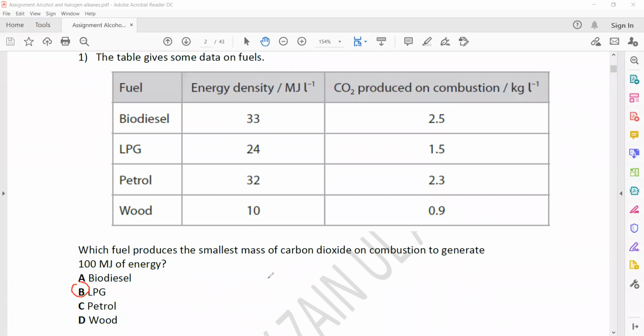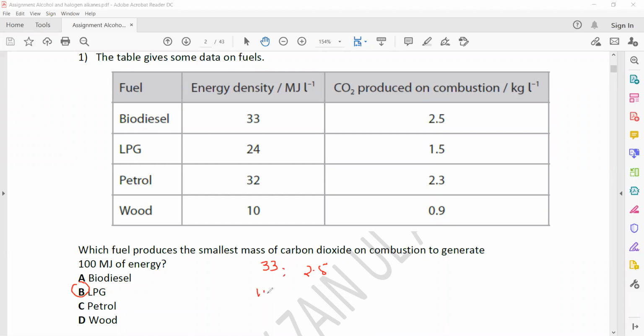Like for biodiesel, if you have 33 megajoule of biodiesel, how much carbon dioxide gas is released? The mass of the carbon dioxide is 2.5.